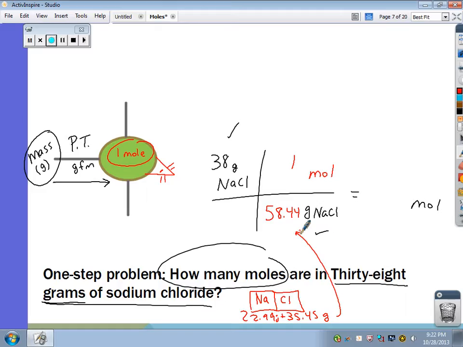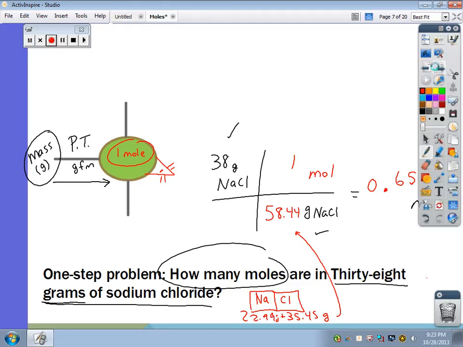So to solve this problem, I do 38 grams times 1, I forget about that, divided by 58.44, and I get 0.65 moles, which makes sense because if 1 mole equals 58.44 grams, and I have 38, I have less than a mole, so 0.65 moles.